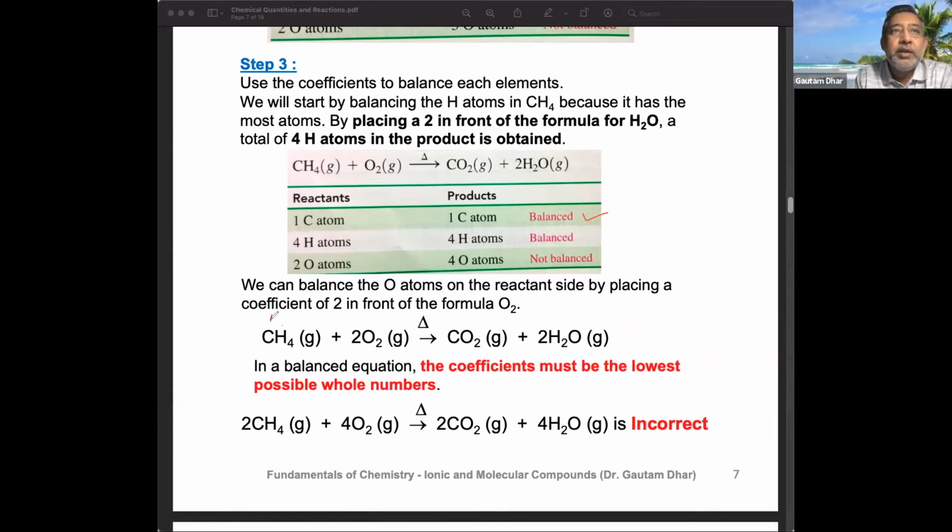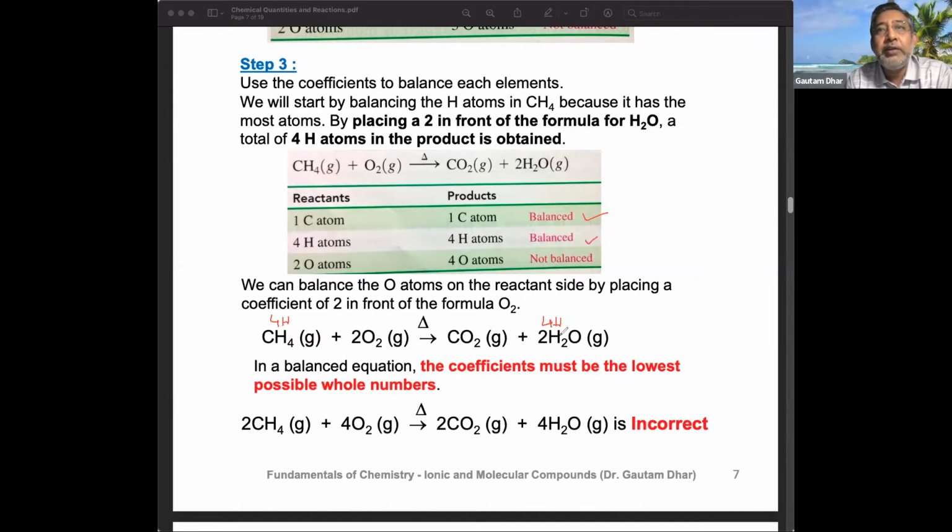So if instead of one molecule of water, I take two molecules of water, then I'll have four hydrogens. So I put a 2. And you go back and forth. Now you have balanced the hydrogen.